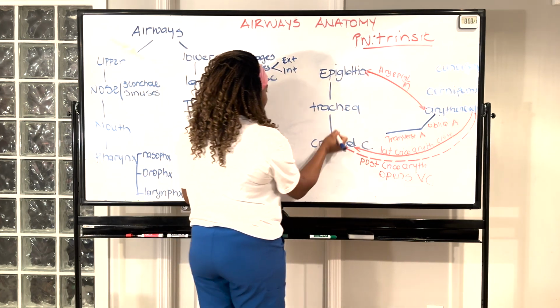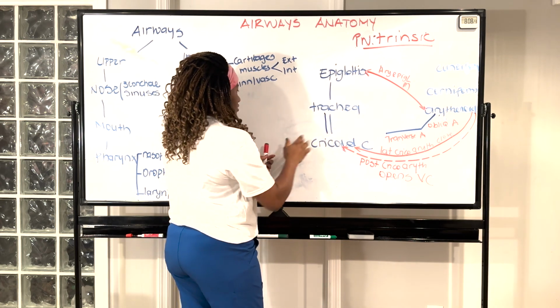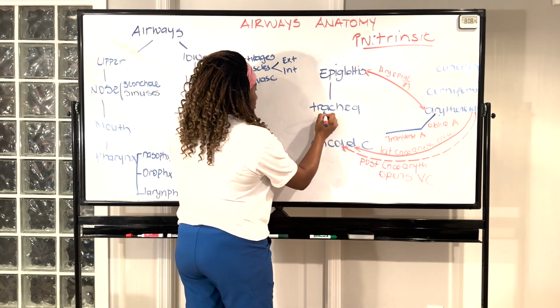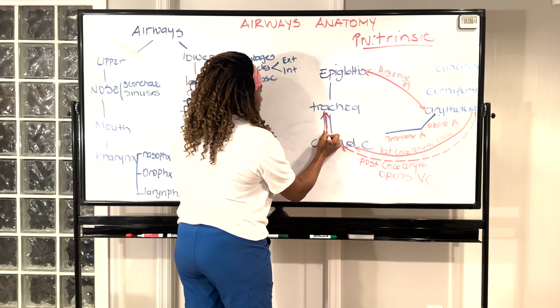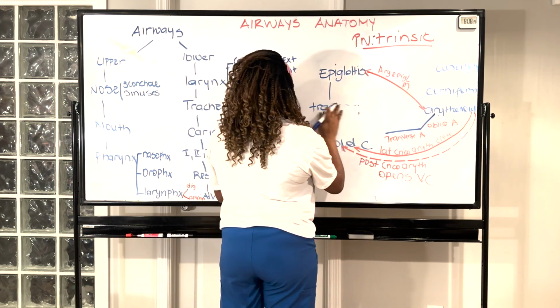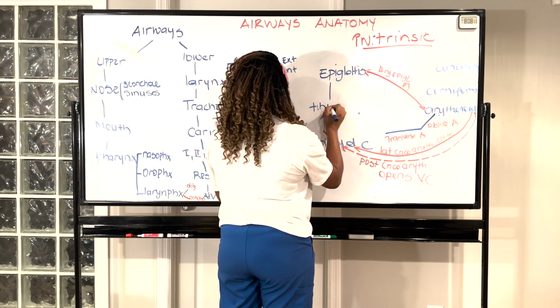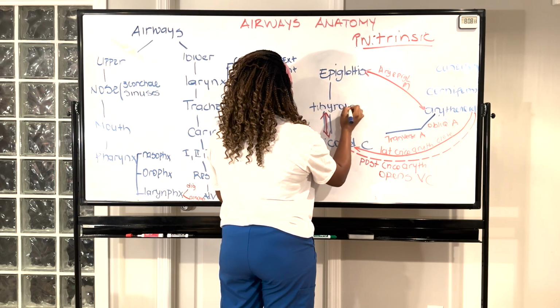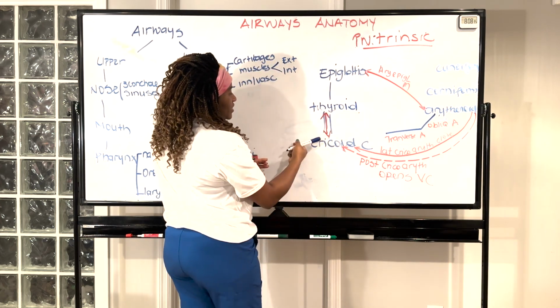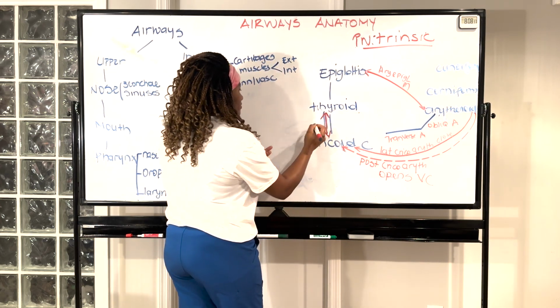Now, we have here the cricothyroid. Oh, this is thyroid. My bad. So here we have the cricothyroid muscle.